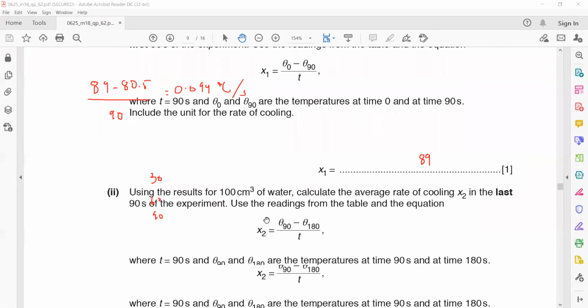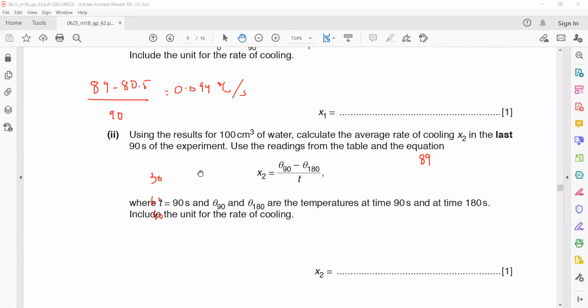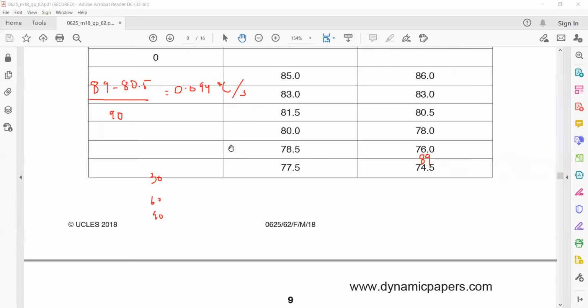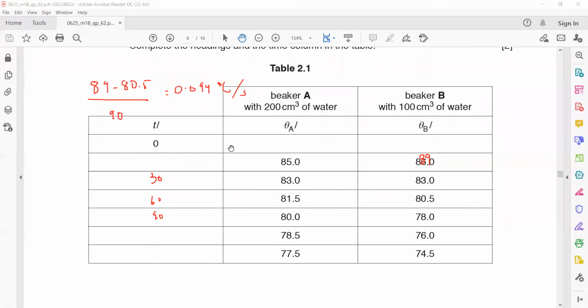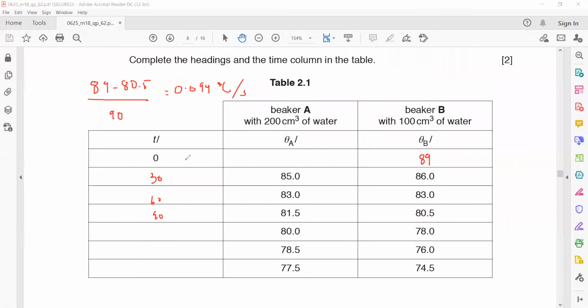And what about the second one? Using the results of 100 centimeter cube of water, calculate the rate of cooling for the last 90 seconds. So for the last 90 seconds, it started with 80.5 and ended at 74.5.